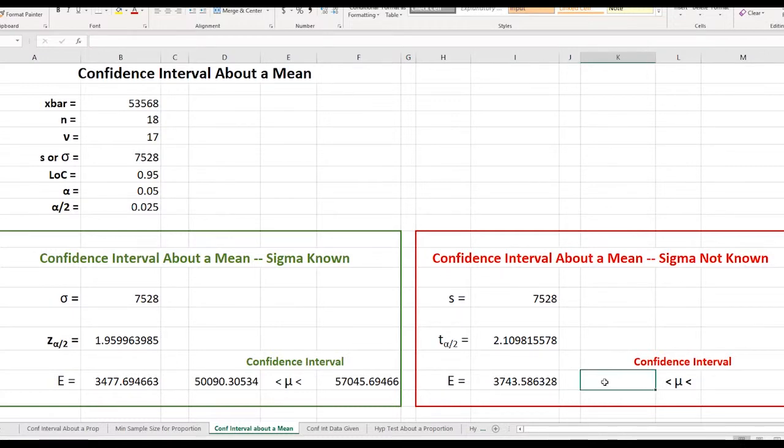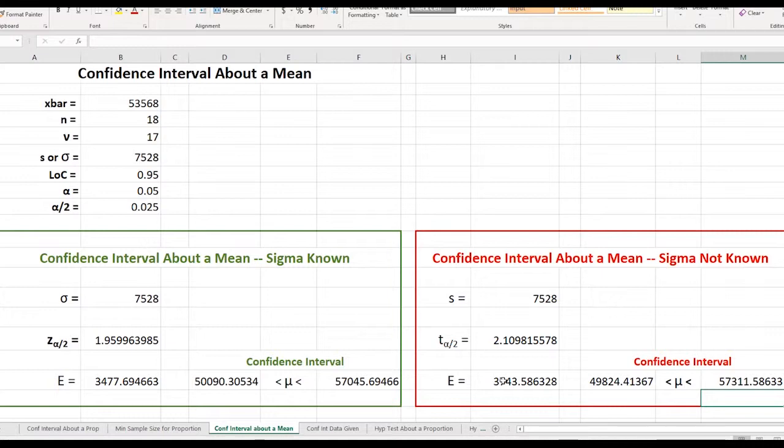In this cell, I'm going to take E, I'm going to subtract it from X bar, and in this cell, I am going to take E and add it to X bar, equals X bar minus E, and we have equals X bar plus E, and there I have the confidence interval.